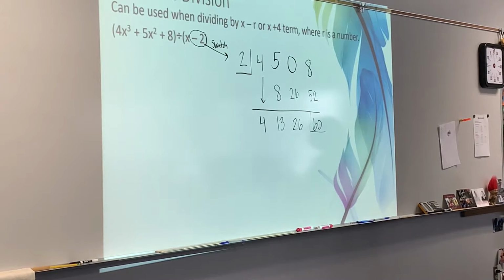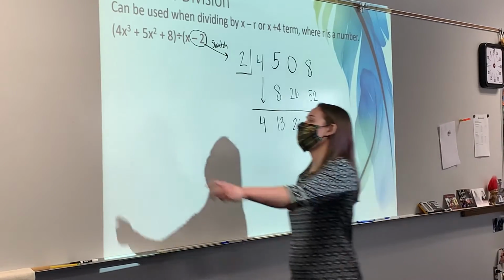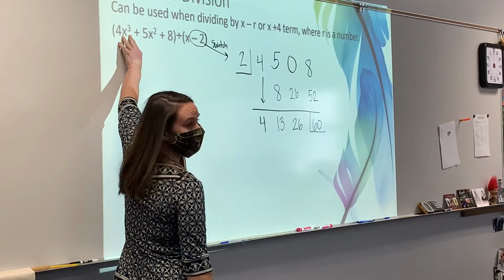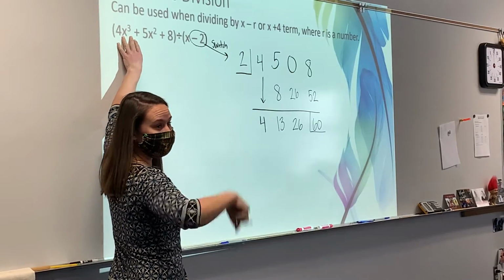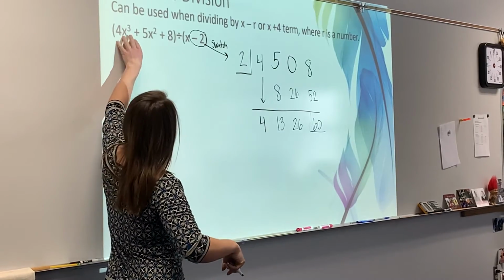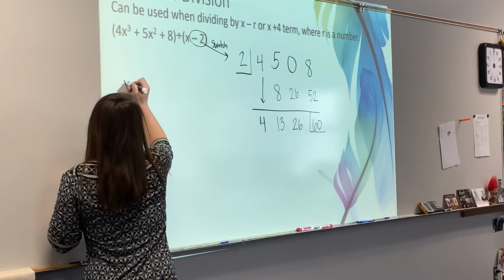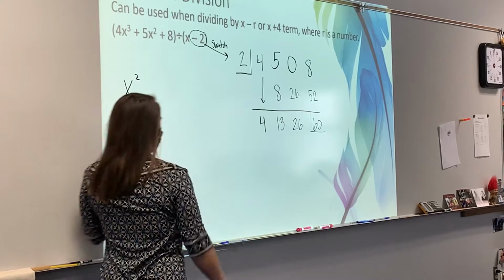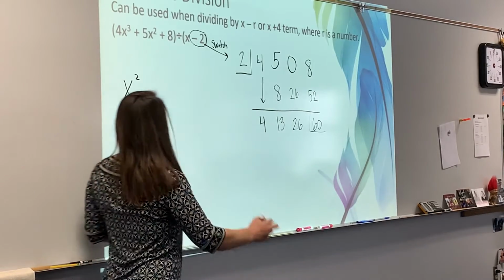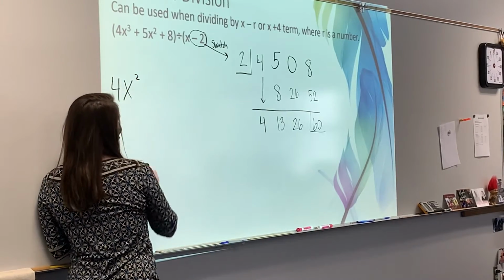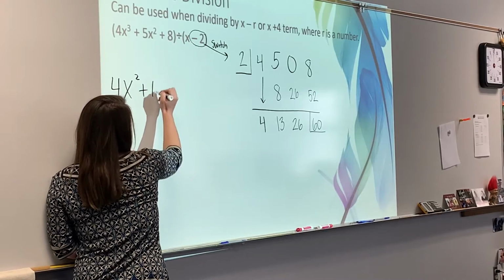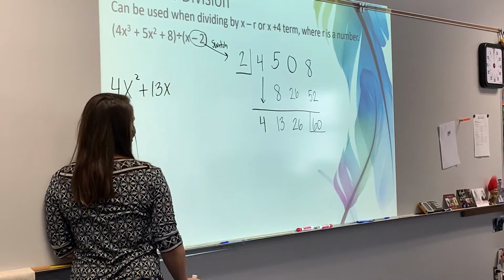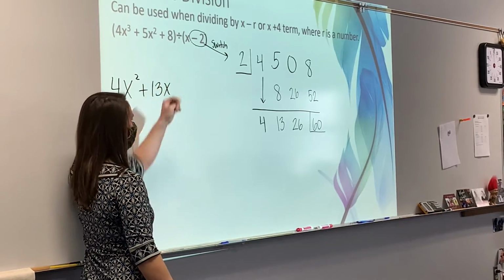Okay, now we have the answer, we just have to figure out how to write it. So whatever this is, if this is an x cubed, you're going to go down 1 level. So our answer is going to start with an x squared. Like that's a 3, we go down 1. So then I'm going to take my 4, and my answer is going to be a 4x squared plus a 13x. See, I'm going down from 2 to 1.